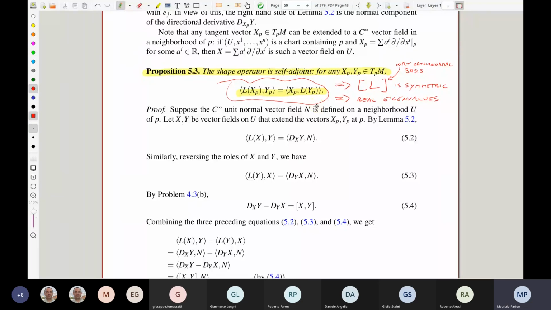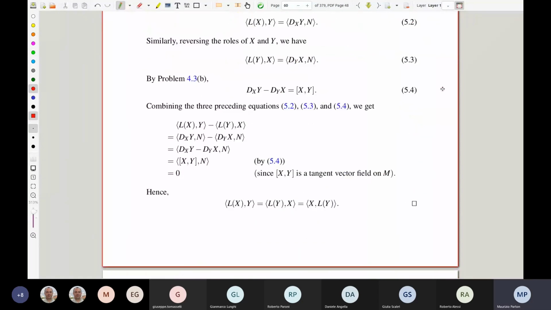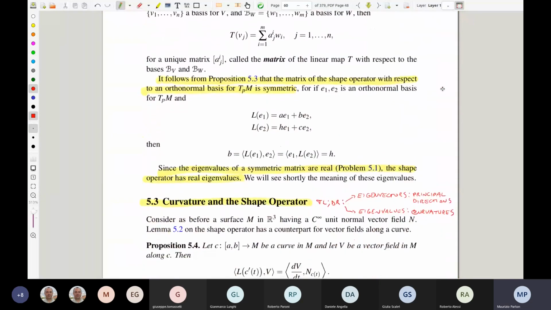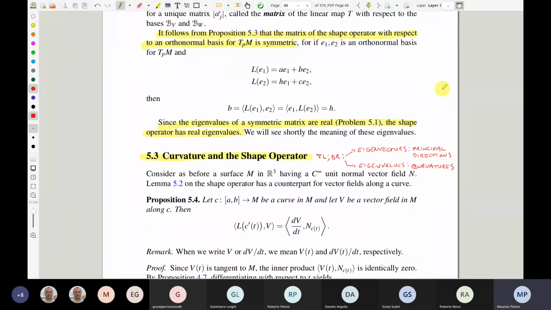So the eigenvalues are real. Very good. And if we have real eigenvalues, then we have principal directions, the eigenvectors, and we have curvatures, the eigenvalues.